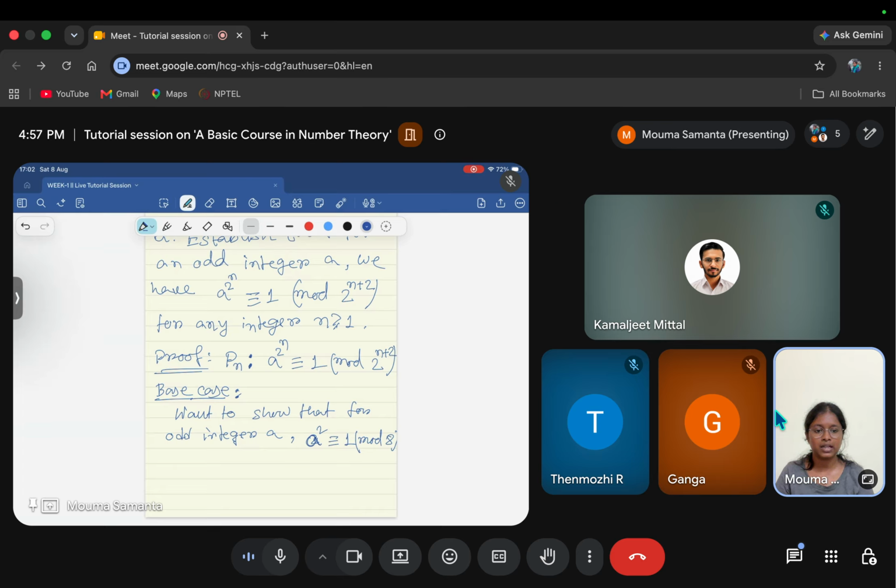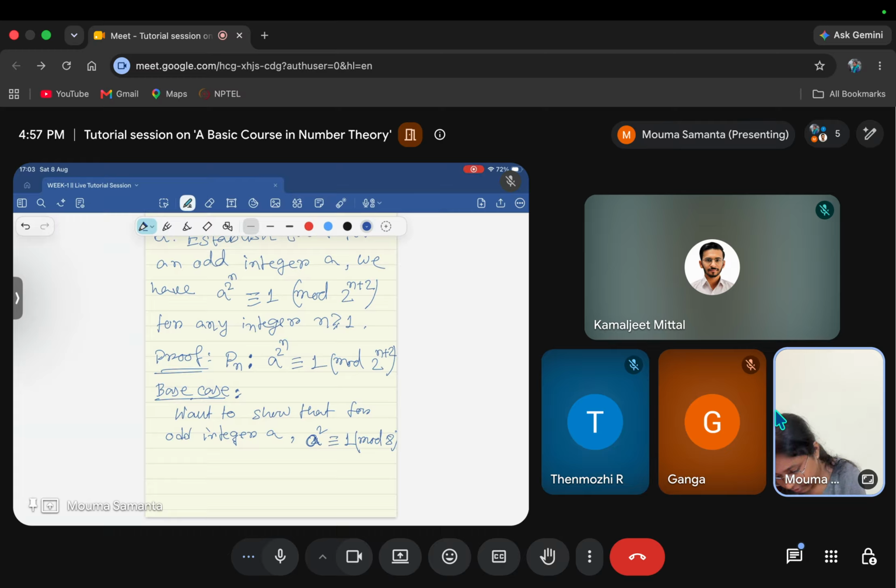So the next target should be the residue class of 4. Then consider the cases where a is odd. The guess should be considering the form of a in the residue class of 4.